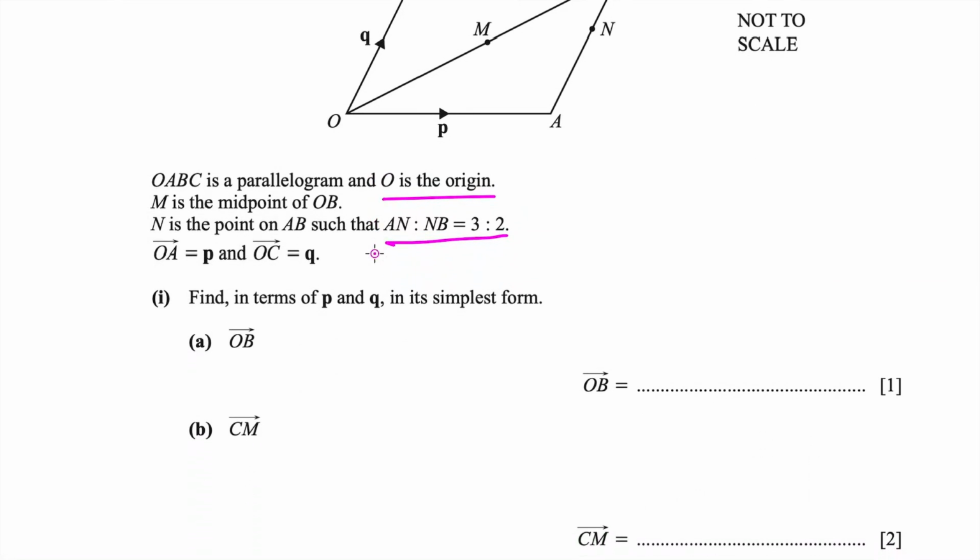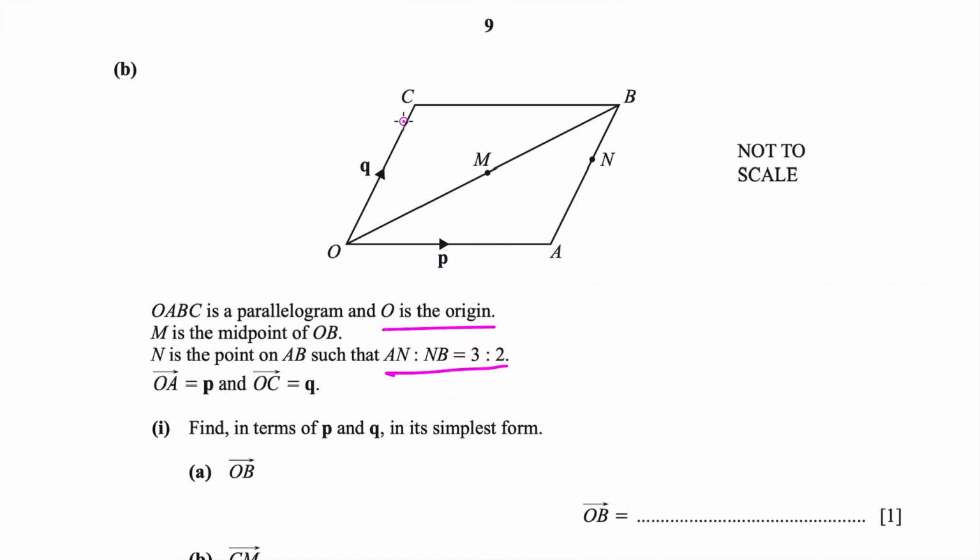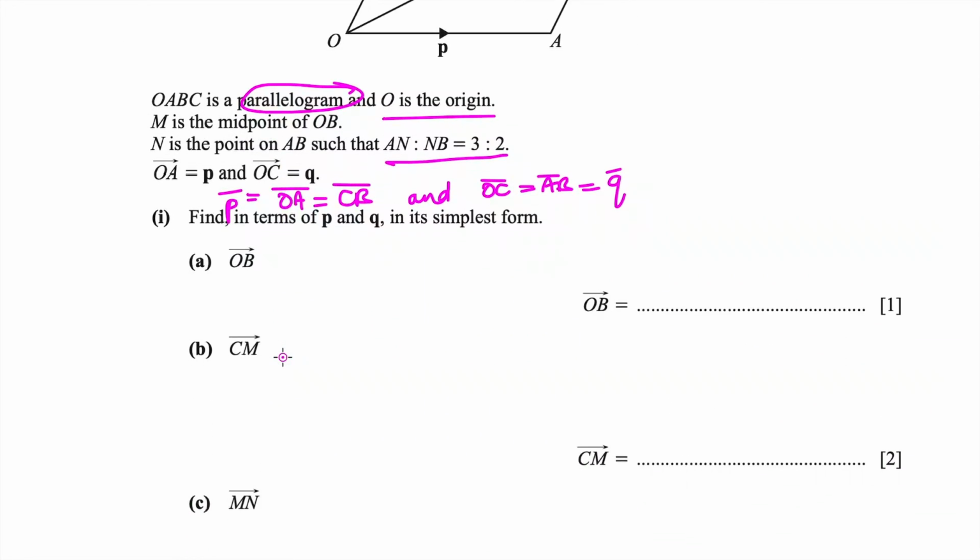in its simplest form. Okay, now what is the most important point here? OABC is a parallelogram, and so if OABC is a parallelogram, then OA bar would be equal to CB bar and OC bar would be equal to AB bar, and both of these would be equal to Q bar and both of these would be equal to P bar. Okay, now again let us start doing the question.